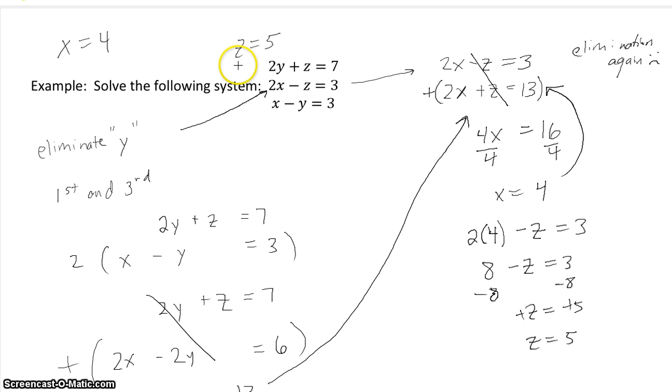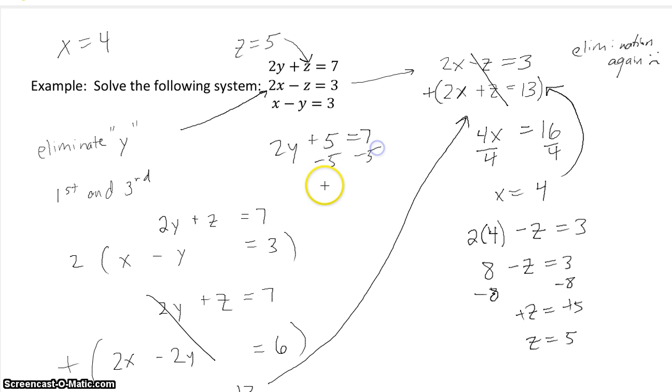So now we have to find out what y is. So I'm going to plug either x or z into one of these equations. It doesn't matter which one. And I'm going to plug z into this equation here. 2y plus z, which is 5, equals 7.